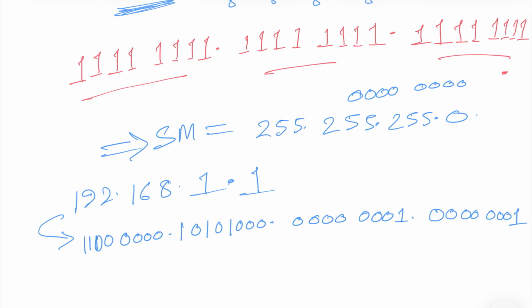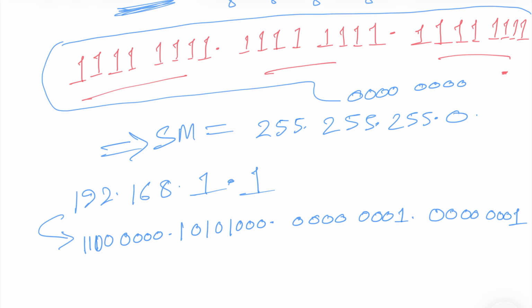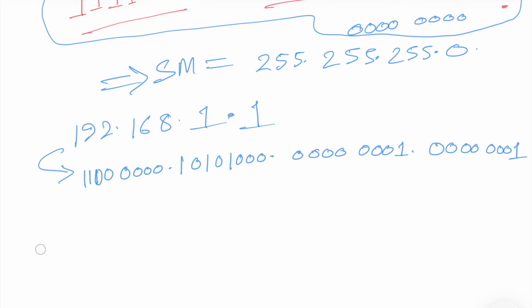Now if you take the other part, this is the subnet mask. So if you put it here again, this is the subnet mask, and they are going to do an AND operation between them.